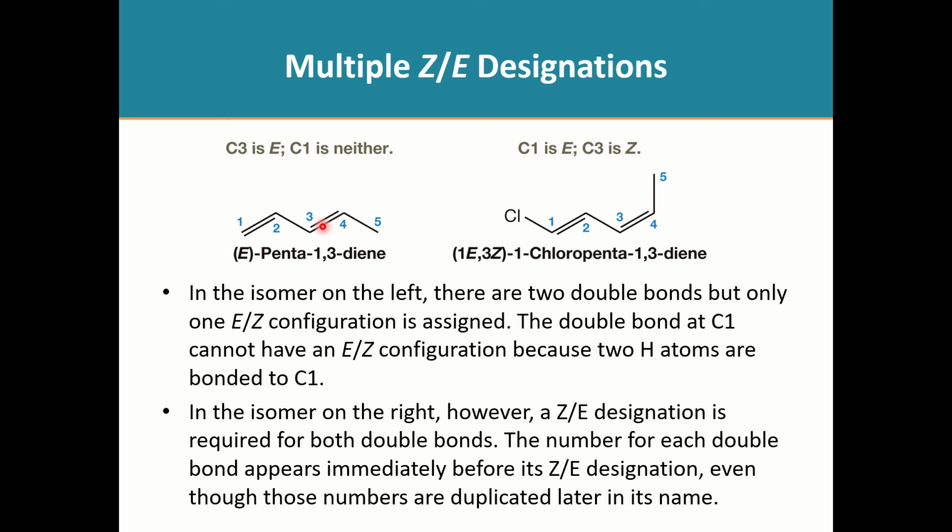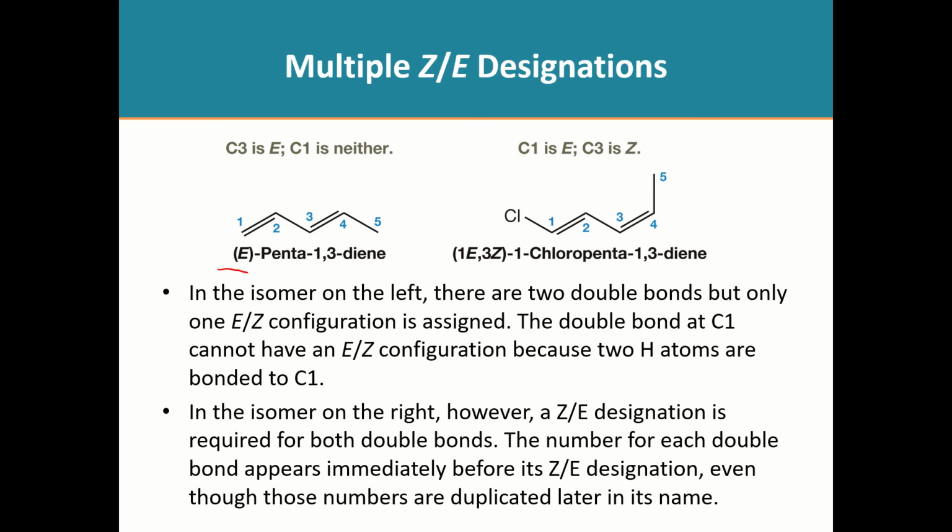But the alkene at carbon 3 and 4 can be assigned an E or a Z. And we see that it is going to be an E because when you do our trick, draw a bond there, we have a hydrogen there and a hydrogen there. There's our methyl, and then there's this piece. And you can see that they are on opposite sides of one another. Hence we assign the E.